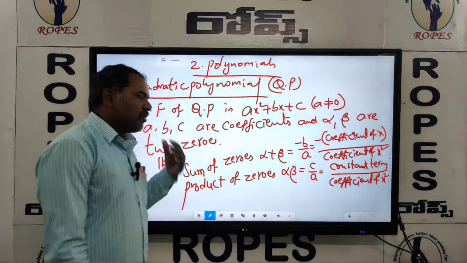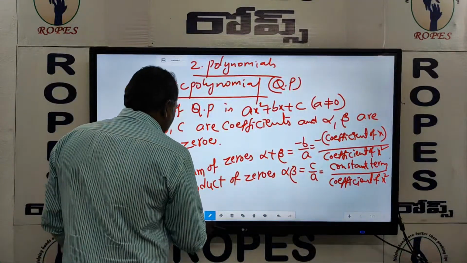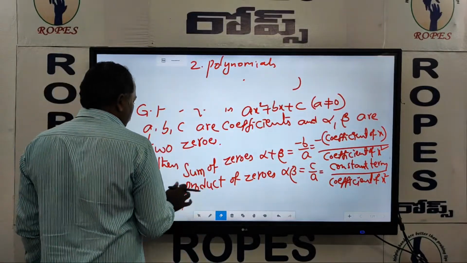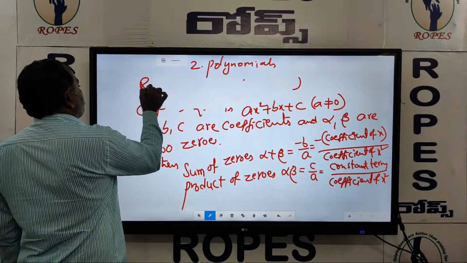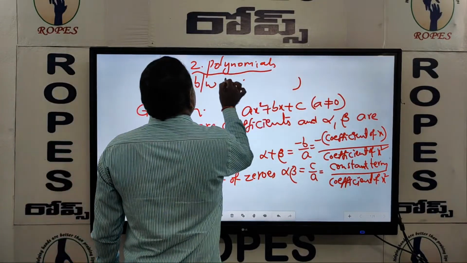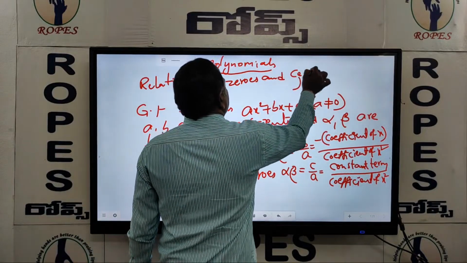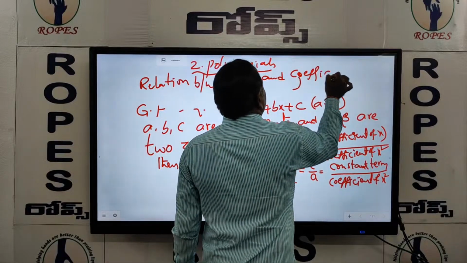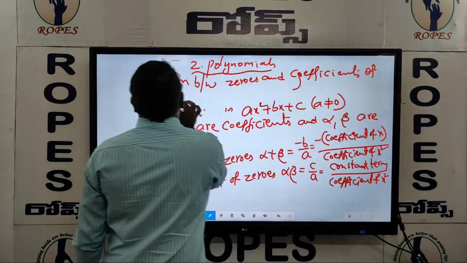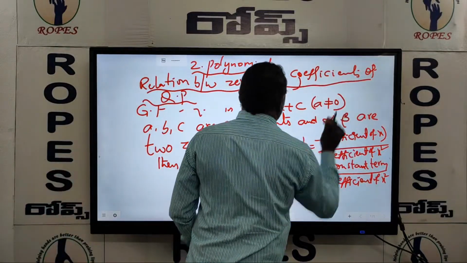So by using this formula we can find the relation between the zeros and the coefficients of the quadratic polynomial. Okay, so this is the method. This is the relation between the zeros and coefficients of the quadratic polynomial.